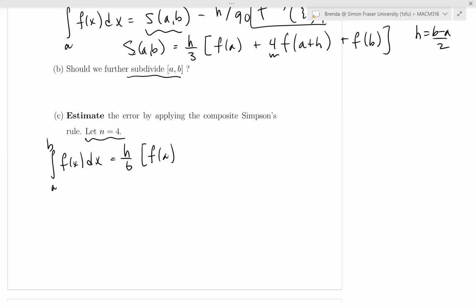N is 4. We have 4 times A plus H over 2, 2 times A plus, that's the one in the middle, and then 4.